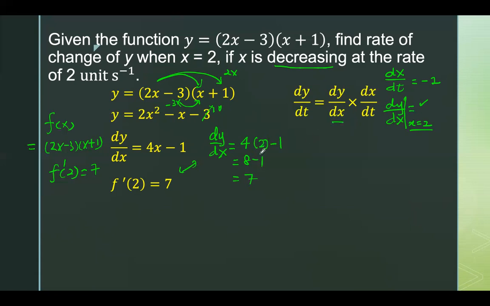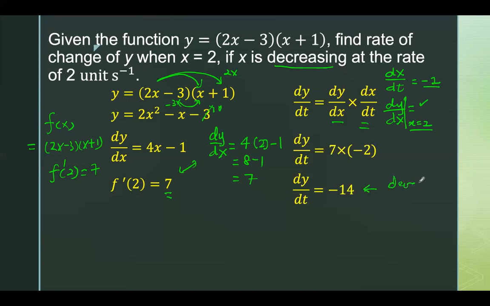We have dy/dx already, that is 7, and dx/dt is minus 2 because it is decreasing with time. Therefore dy/dt equals negative 14, so the rate of change of y is negative 14, decreasing by 14 units per second. This is how you explain it.